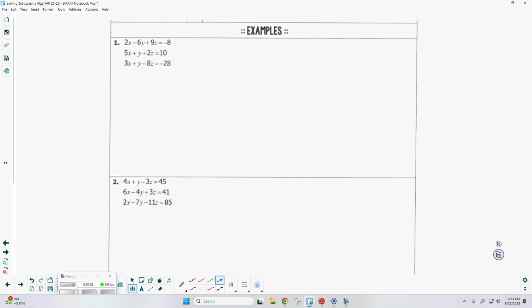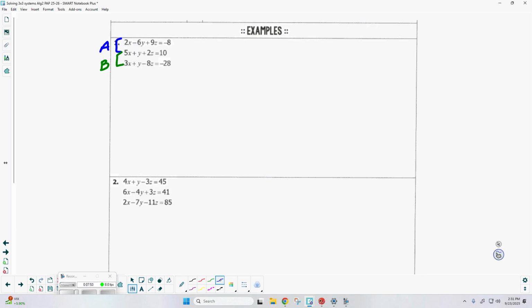Okay, so let's do this. Let's say that I'm going to work with the first two equations. Let's call that A. And then the second two equations, let's call that B. This is what the set of instructions was telling us. We want to choose two different pairs of equations, and then we want to eliminate the same variable.